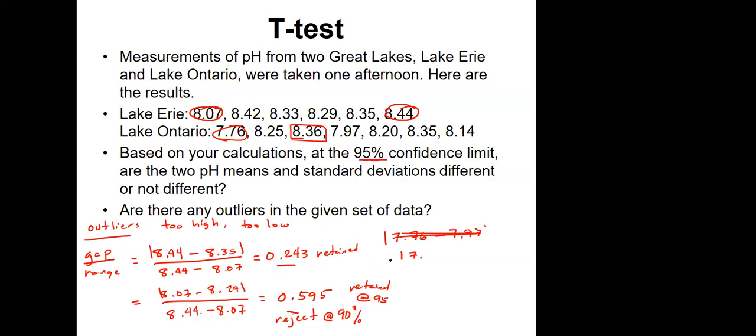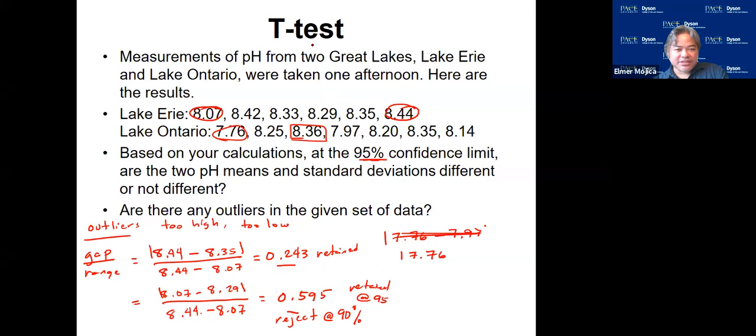Okay, thank you. So all you need to do when we have the test is compare whatever you calculated with the table. If the calculated is greater than the table, then that's the interpretation: they're significantly different in the F test and the T test. In the Q test, that means you reject it. Okay?